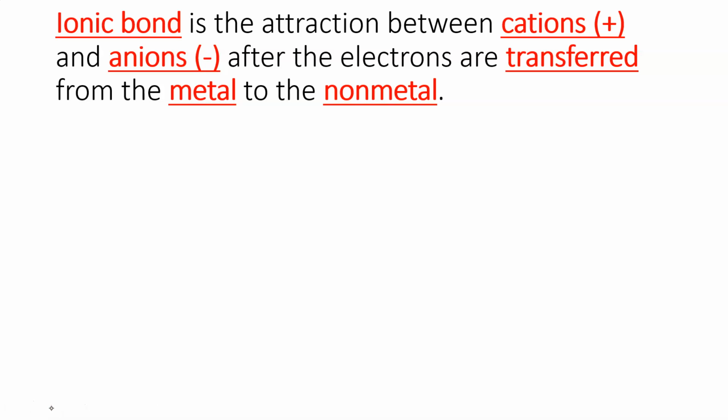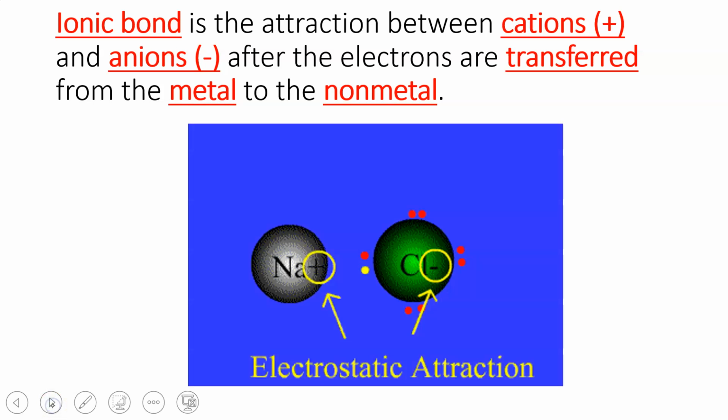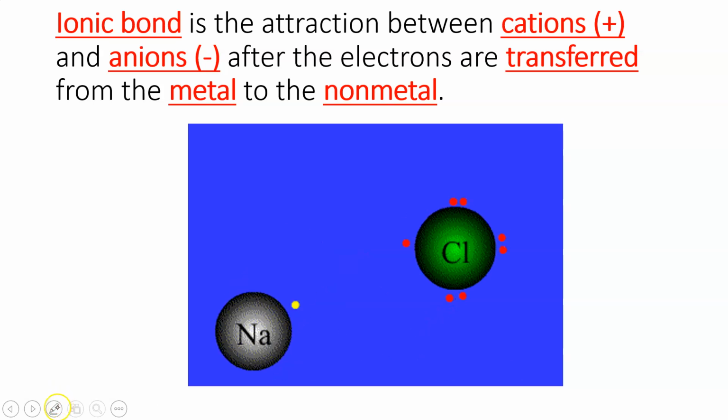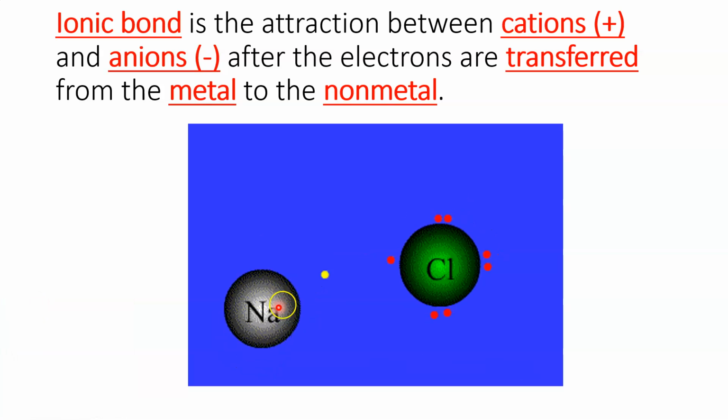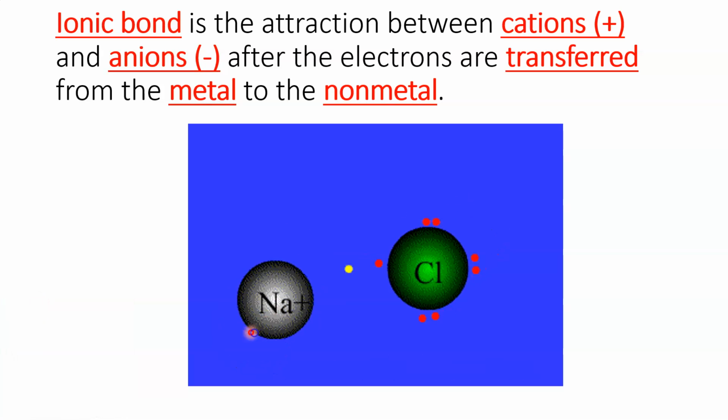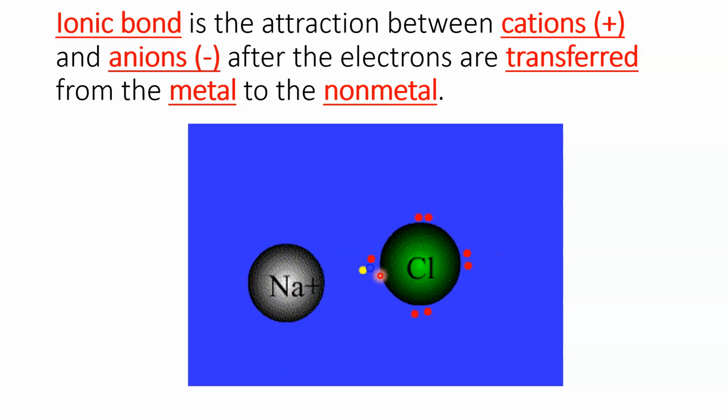To get more specific, an ionic bond is the attraction between cations and anions after the electrons are transferred from the metal to the nonmetal. Now let's look at an animation of this. As you can see in this animation, we start off with sodium being a neutral atom, and then it gives away an electron.